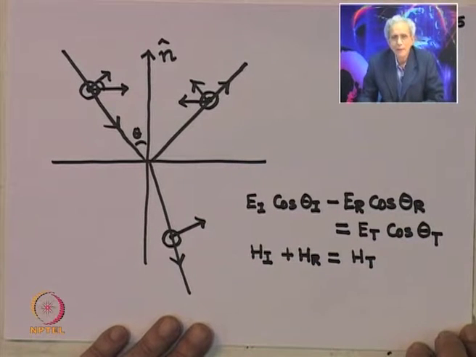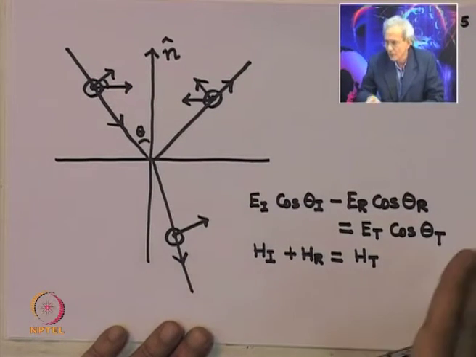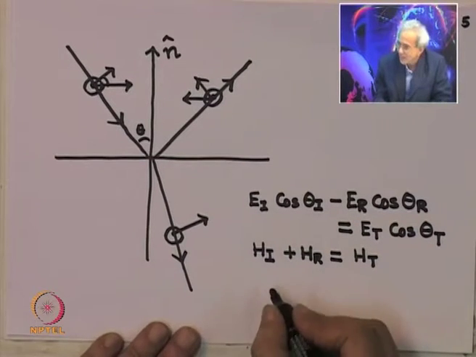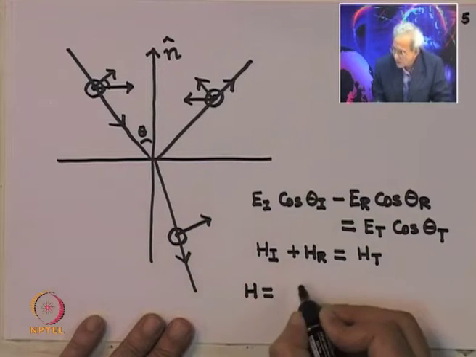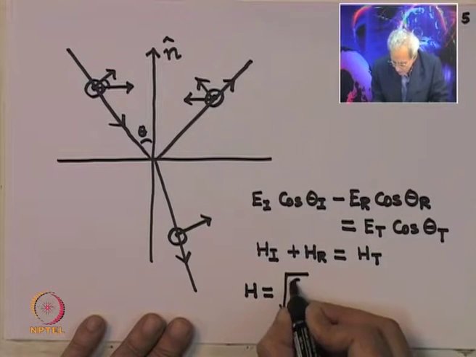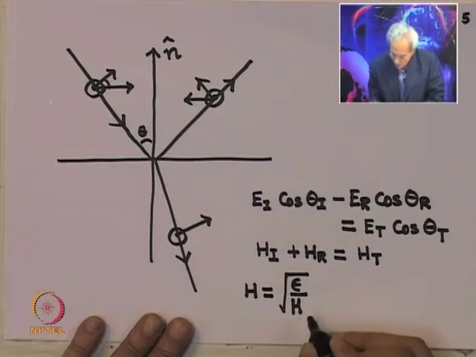Now, I know that I am dealing with propagation in dielectric. As a result, my E and H have a relationship, and that relationship is given by H is equal to square root of epsilon by mu times the electric field. Actually mu 0, mu if you like, but I will be taking all mu to be equal to mu 0.